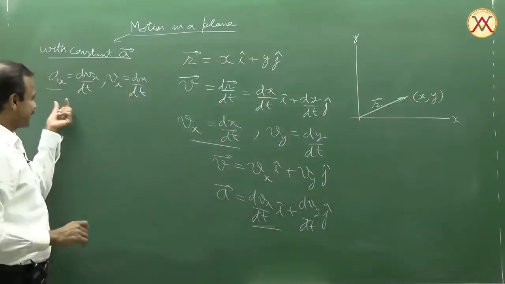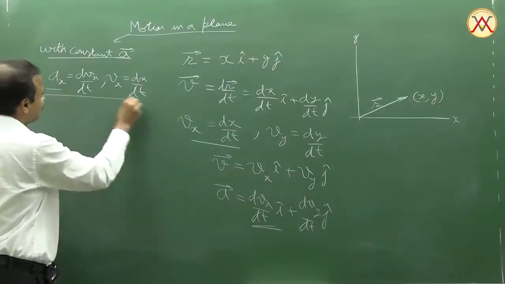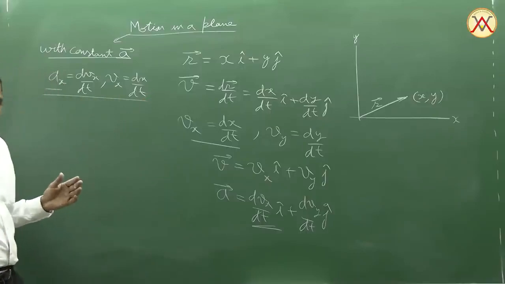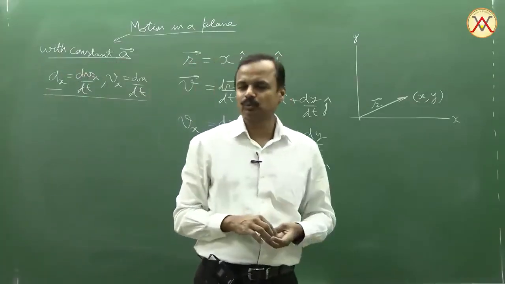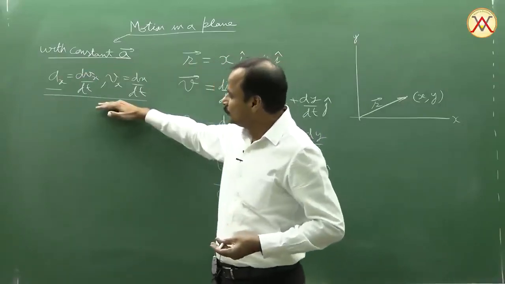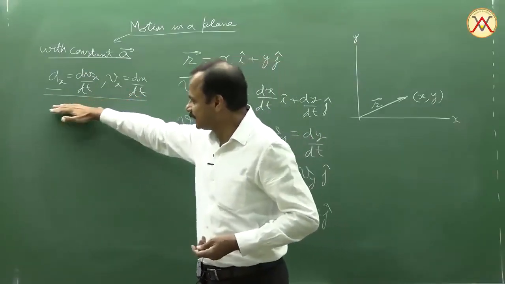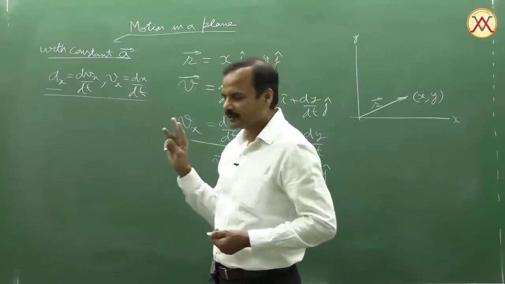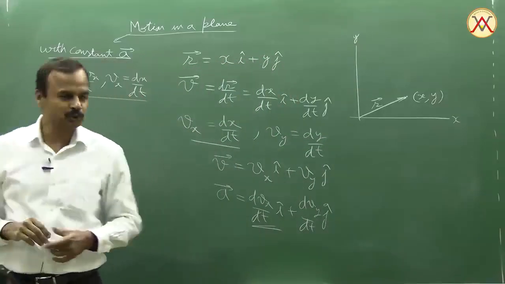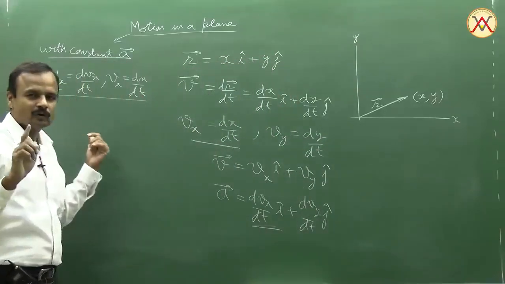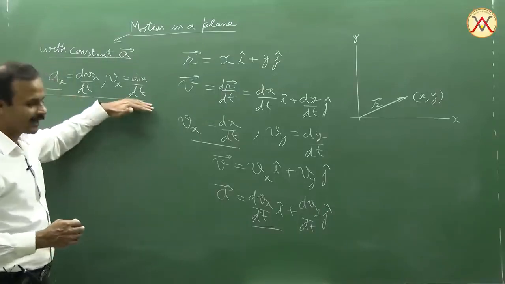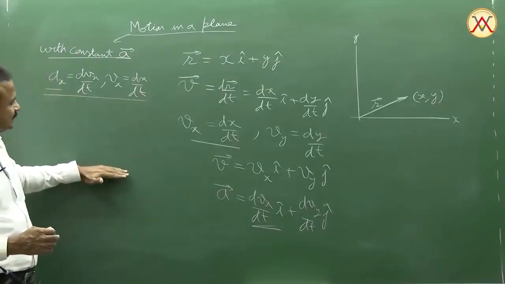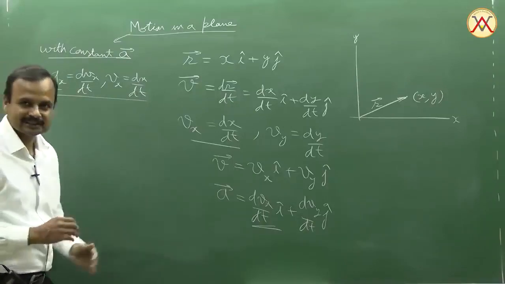We have already studied this situation in one-dimensional motion, and if we integrate these, we get our three equations of motion in case of constant acceleration. That was in one-dimensional motion. Here we will write them for x direction and y direction separately.